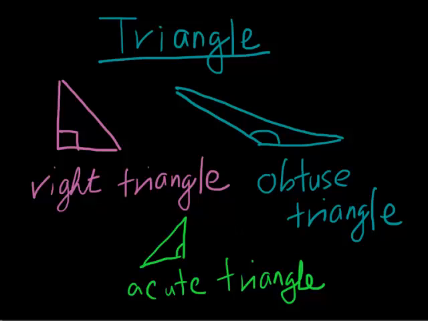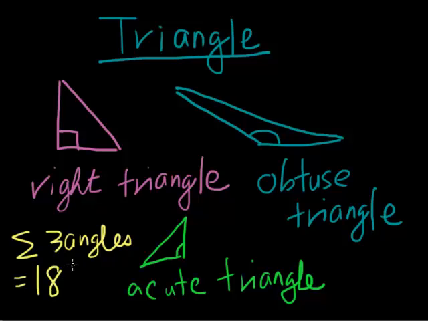And one interesting fact about a triangle is that all the angles add up, right? All the angles means there are three corners, the three angles, the sum of the three angles. So we call this the summation sign. They're always equal to 180 degrees.